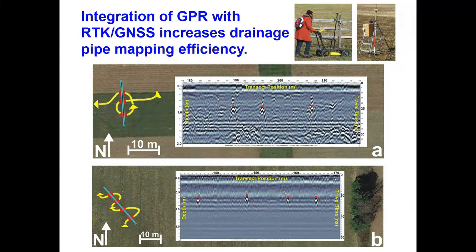We map those out also in the aerial image. And if we use a circular or spiral pattern or a serpentine pattern, plotting out where the drainage pipe responses we got from GPR line up, we probably have a drainage pipe. So that's kind of what we can do with GPR.